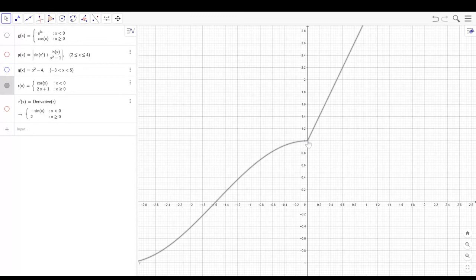It's definitely not a smooth transition, is it? So the answer is no, it's not differentiable at x equals 0. This is an example that's continuous at x equals 0, but not differentiable.